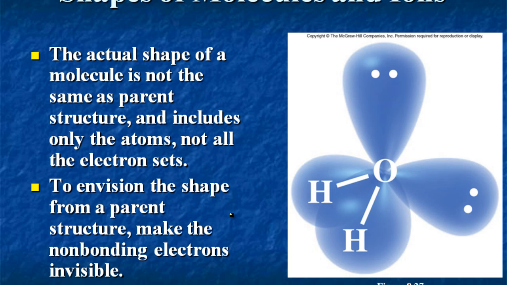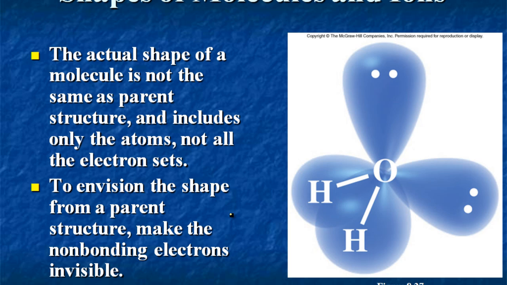Just get that right now: the actual shape is different from the parent structure, not for all molecules, but for some, because the actual shape is based only on the bonded atoms, not on the lone pairs. But for the parent structure, we count the lone pairs also as sets of electrons. That is the difference.